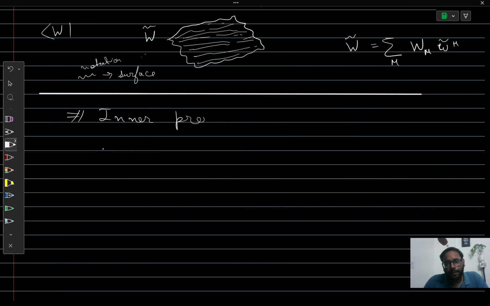Inner product. Okay, inner product is given like this, and you can of course expand it. You know that the covectors or the dual vectors are expanded as this.